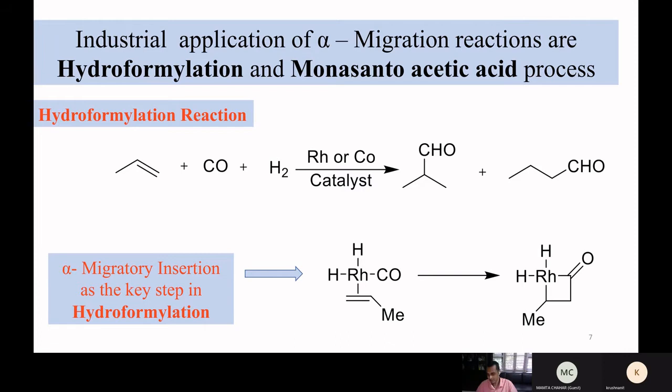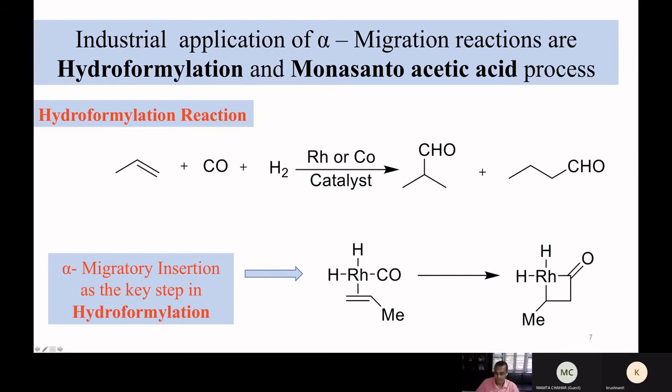Another exciting transformation here could be that since this is happening in the middle, this carbon center can be stereogenic. So an asymmetric synthesis, when these two substituents are different, is also an exciting opportunity here. Okay.